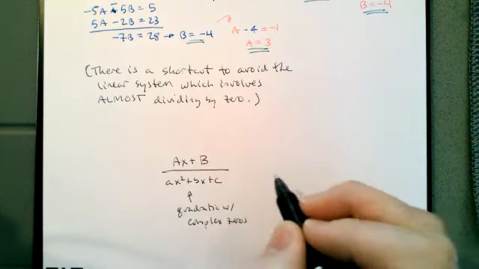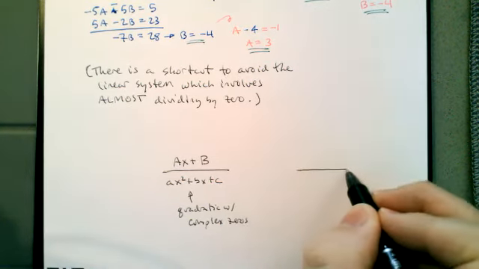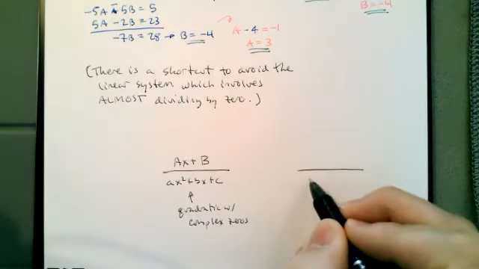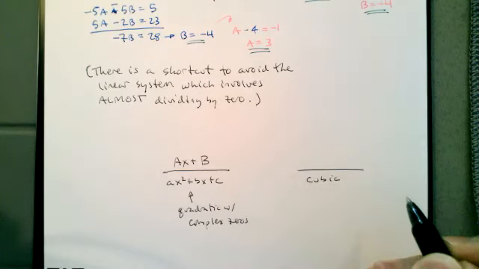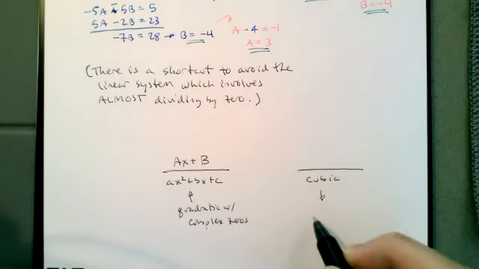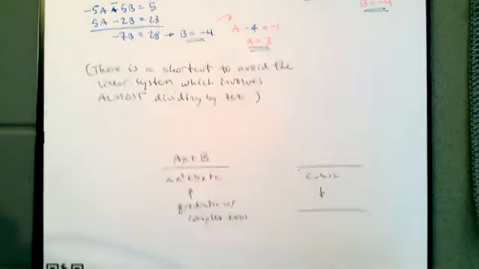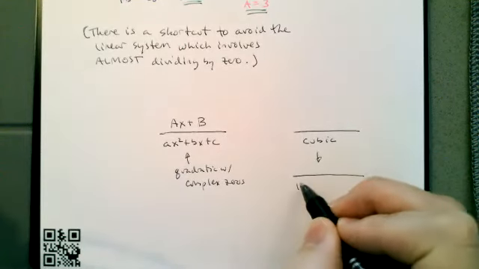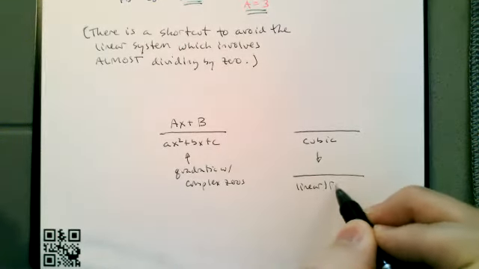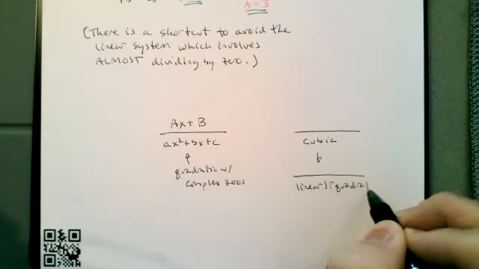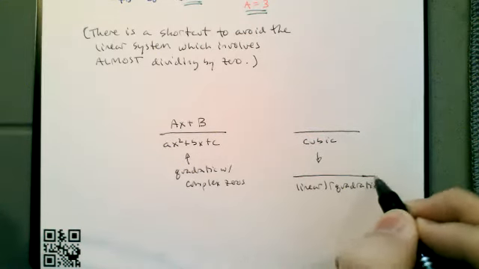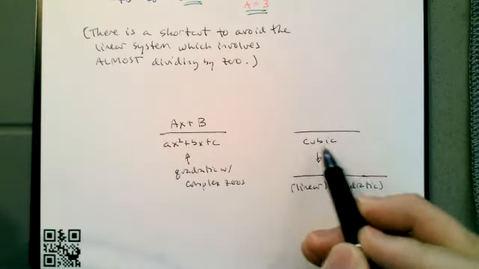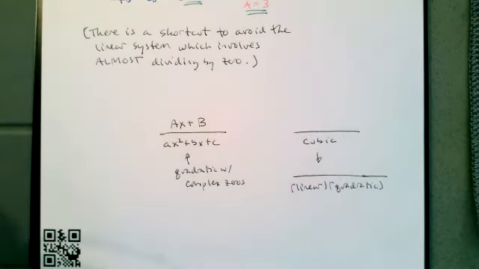Also, here's a short version: if we have a cubic, you break your cubic down into a linear and a quadratic. If you're worried that you won't be able to do this, you have to be able to take a cubic into a linear and a quadratic.